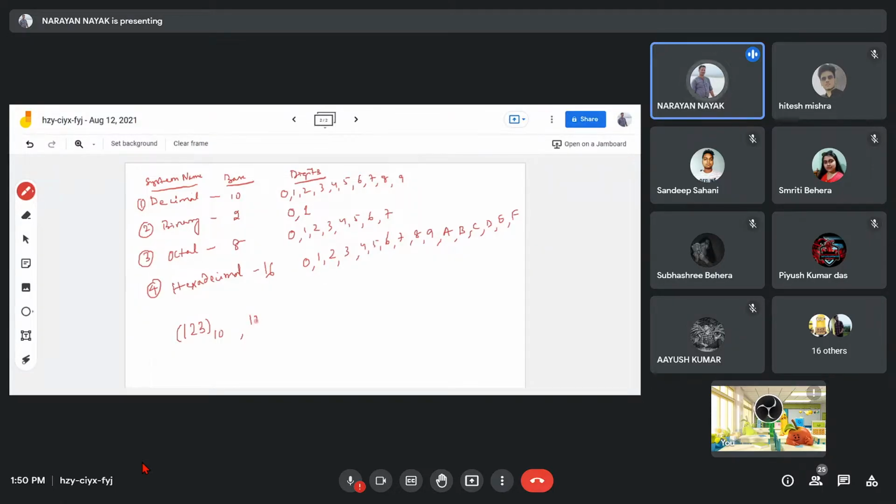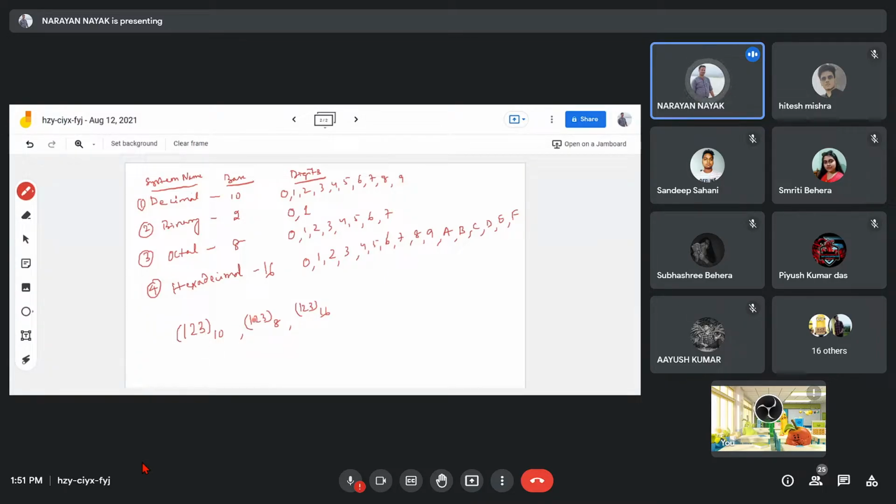Or I can use base 8, also no problem. Or I can use base 16, also no problem. You can represent it as decimal, because decimal requires the digits 0 to 9, and 0 to 9 digits are available.